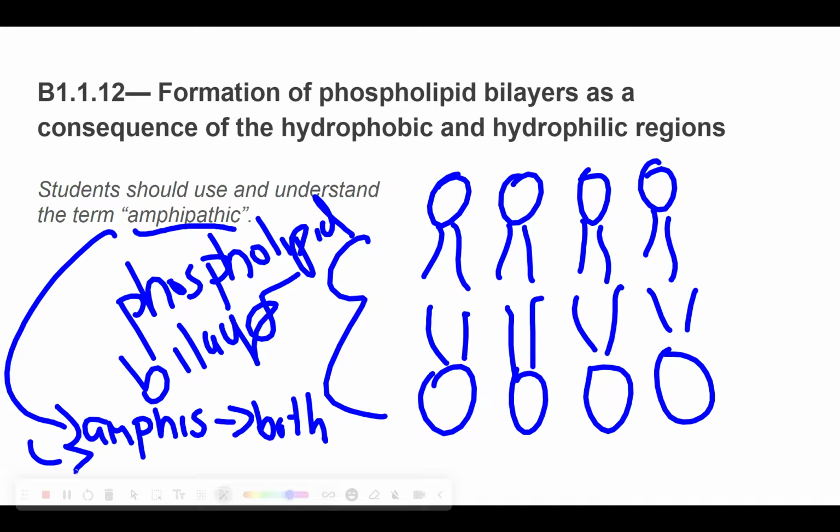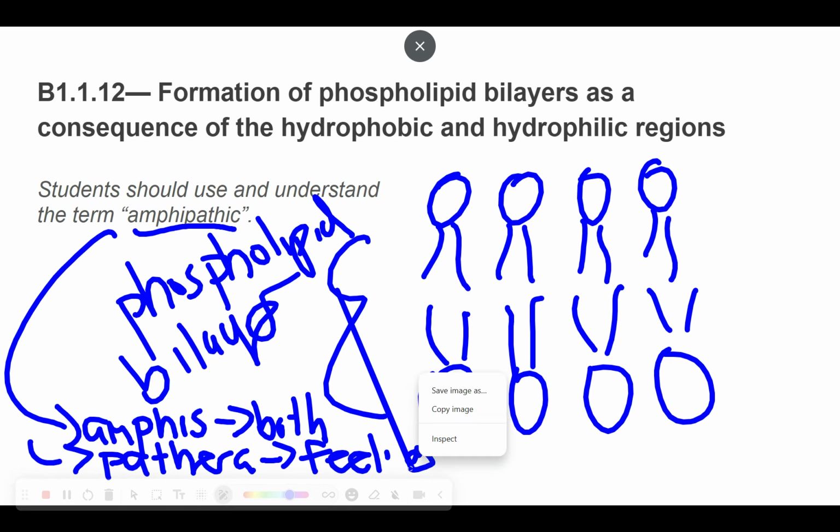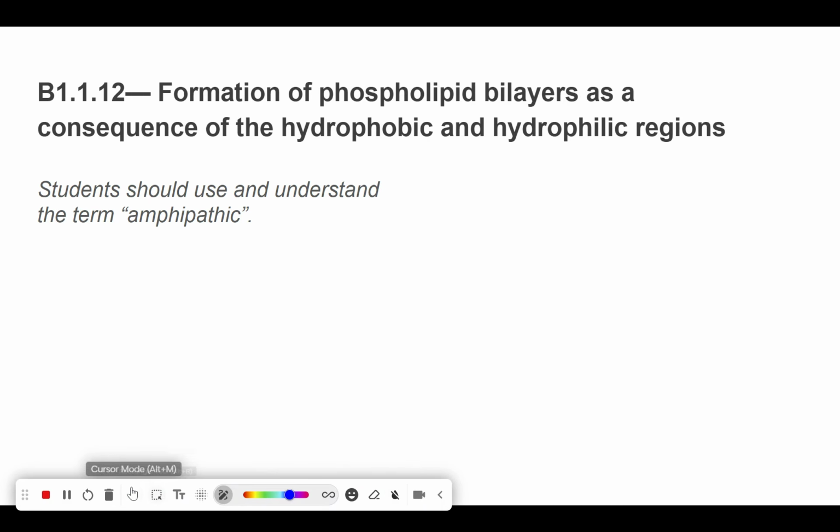And then pathic comes from pathera, which means feeling or suffering. So an amphipathic molecule can be both hydrophilic feeling and hydrophobic feeling.